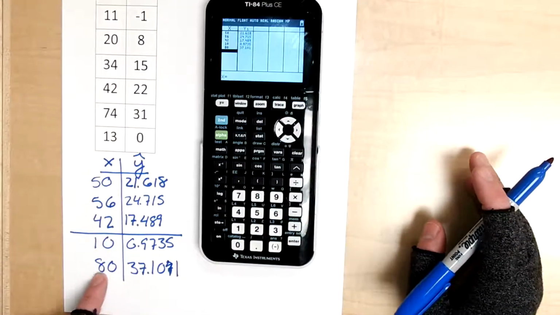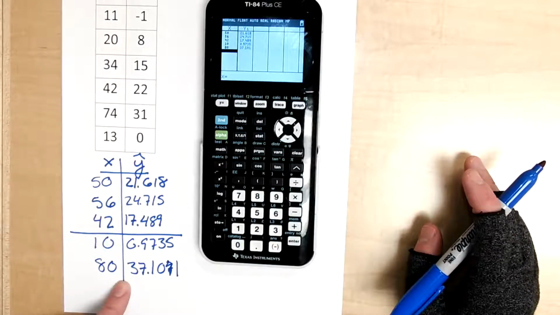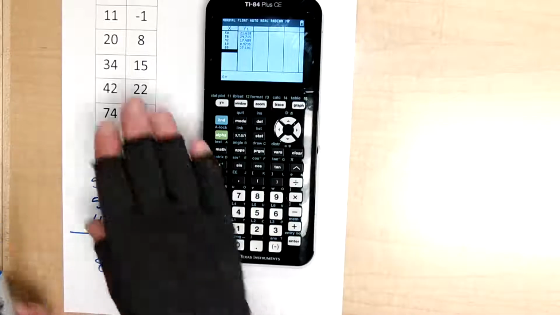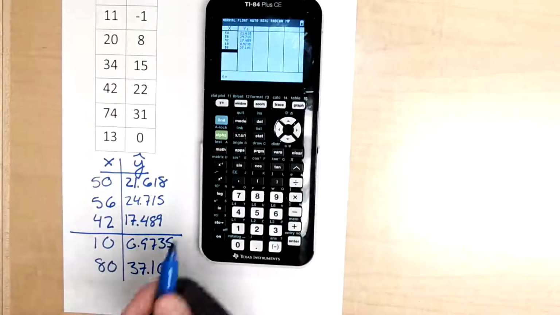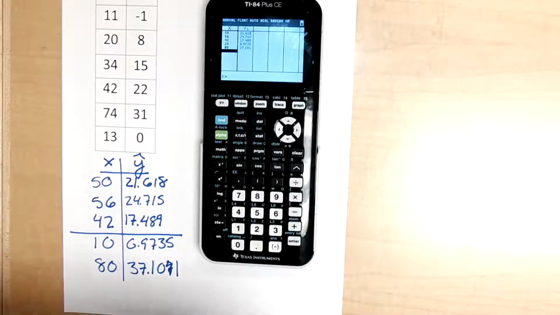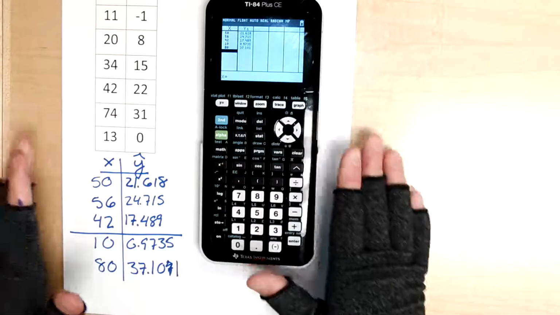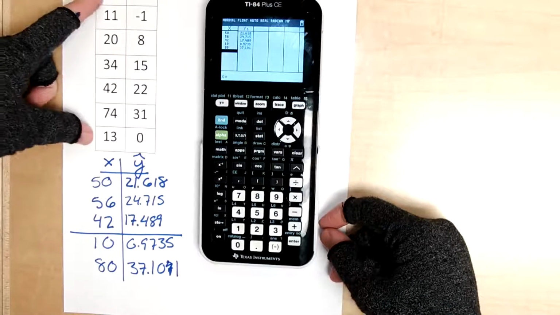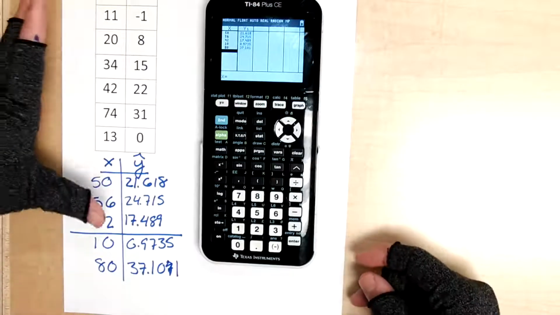Maybe 80 is a meaningless value within what we're talking about. Maybe 10 is a meaningless value. Maybe 11 is where this thing starts and 10 is meaningless. So really paying attention to the context of your problem will help you with interpolation, again, within the range, and extrapolation, again, outside of the range.